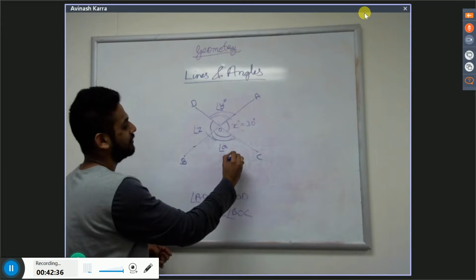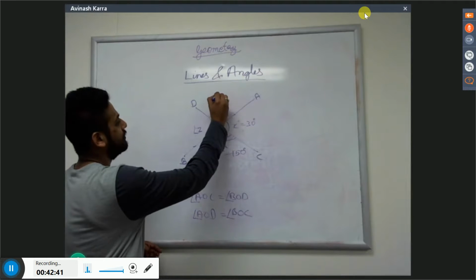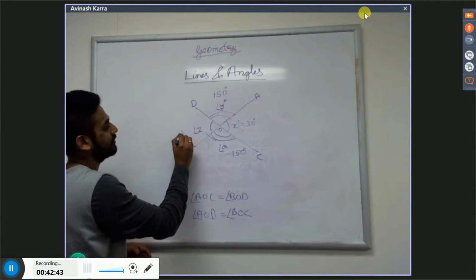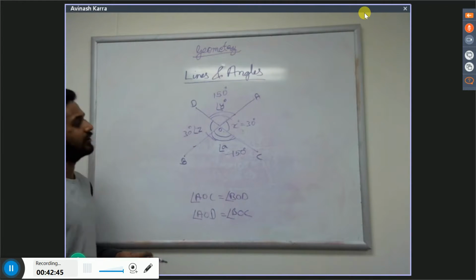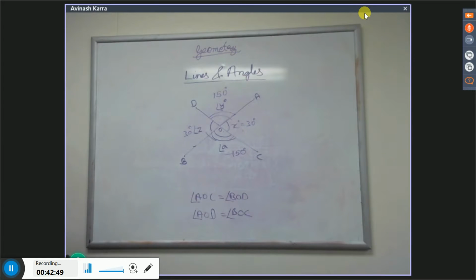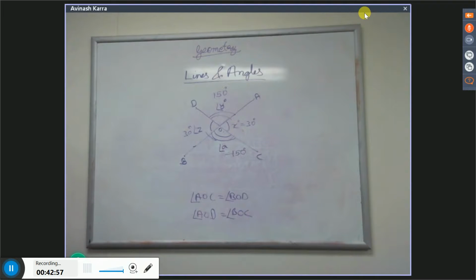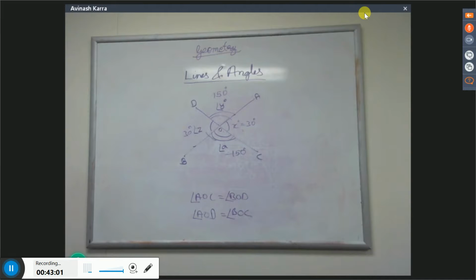Yes, you'll get 150. I'm not saying that what you told is wrong. It's absolutely right, and this is also one more way. Whichever you find better, you can use.